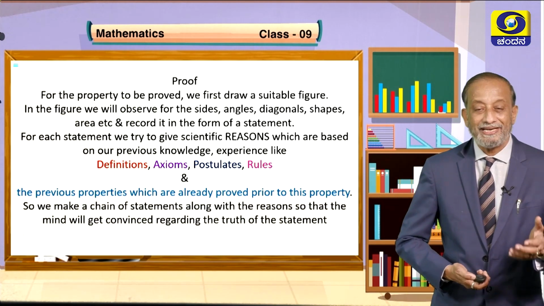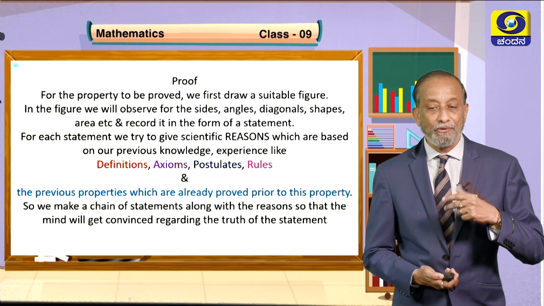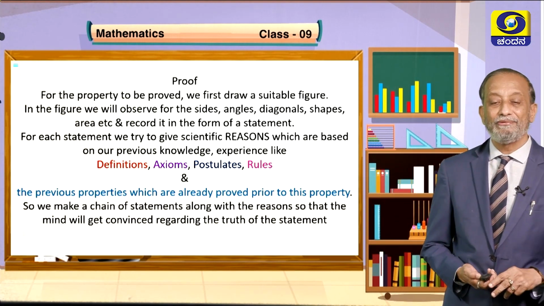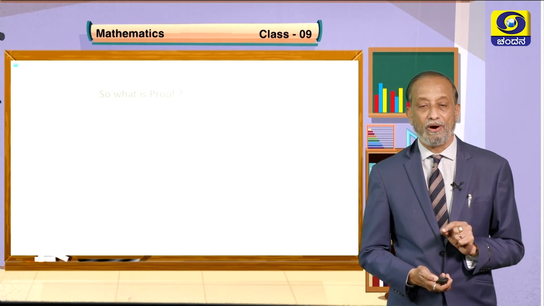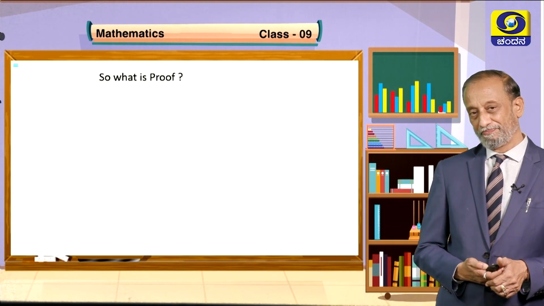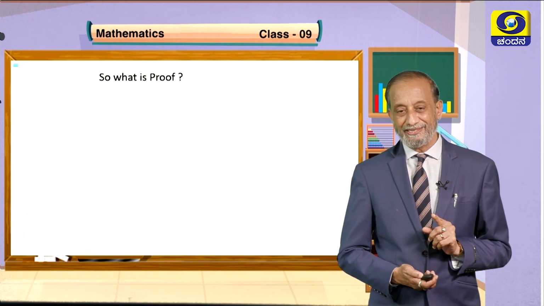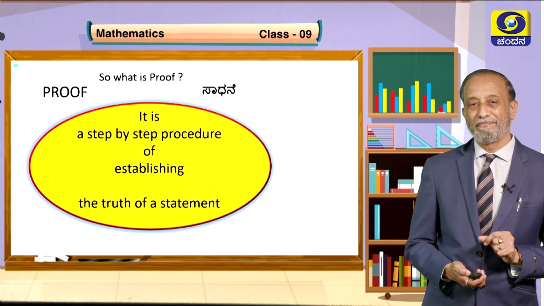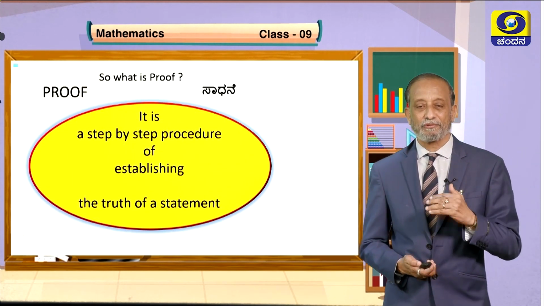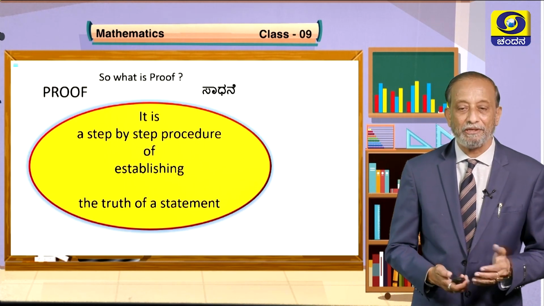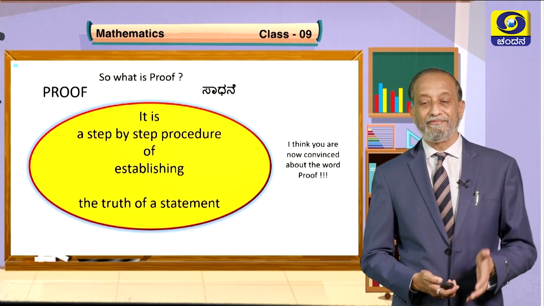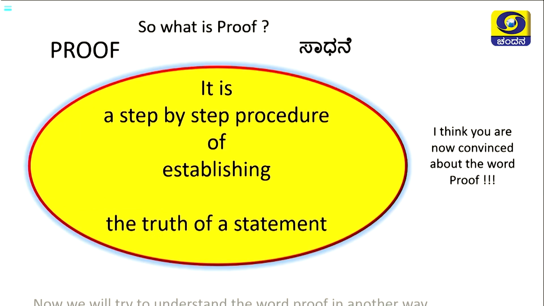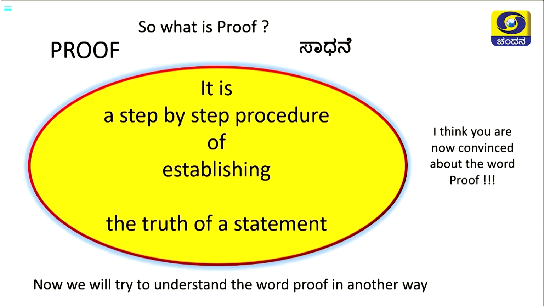So, we make a chain of statements along with the reasons, so that the mind will get convinced regarding the truth of the statement beyond doubt. So, what is proof, friends? Proof is nothing but the step-by-step procedure of establishing the truth of a statement. I think you are now convinced about the word proof. Now, let me tell you one more.